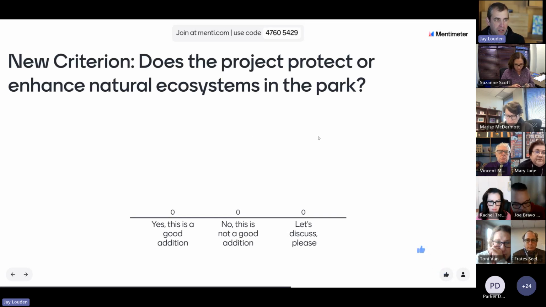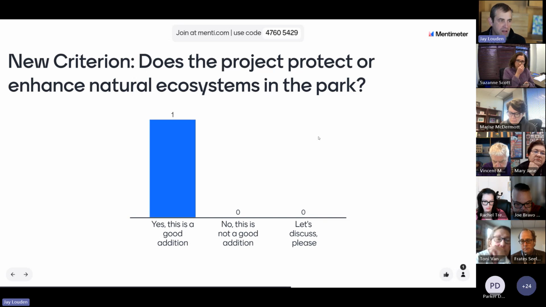And for the land area, we've got a new criterion, and that is, does the project protect or enhance natural ecosystems in the park? So choices: yes, a good addition; no, not a good addition; or let's discuss.